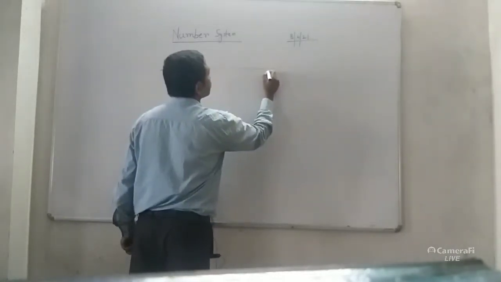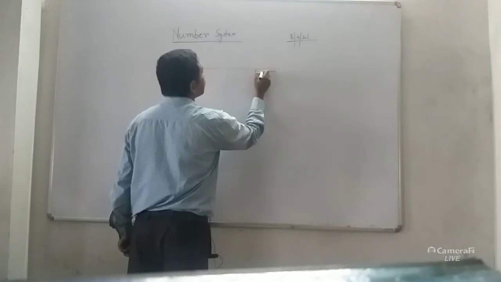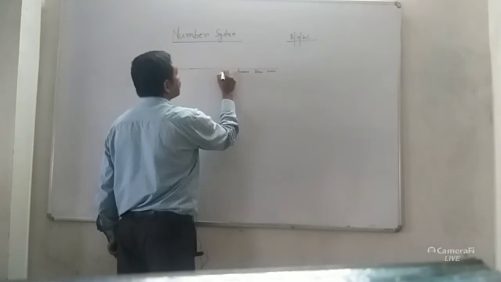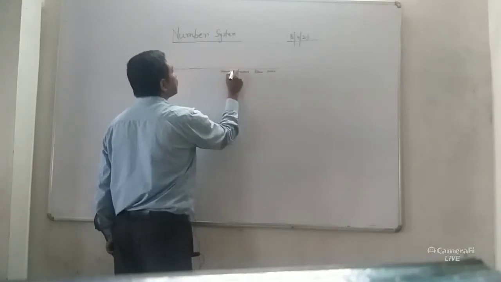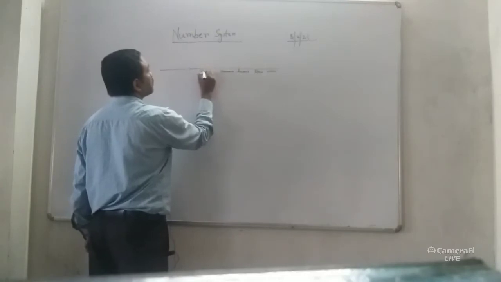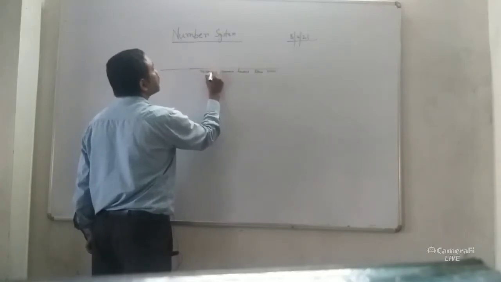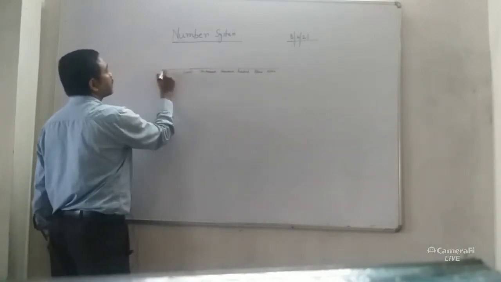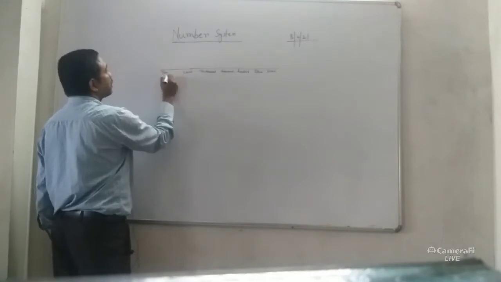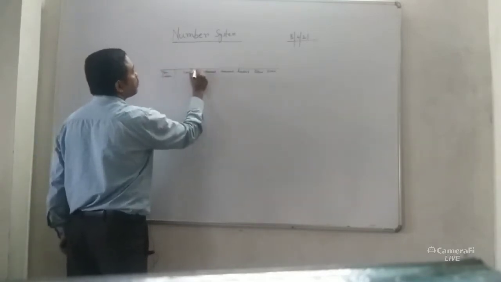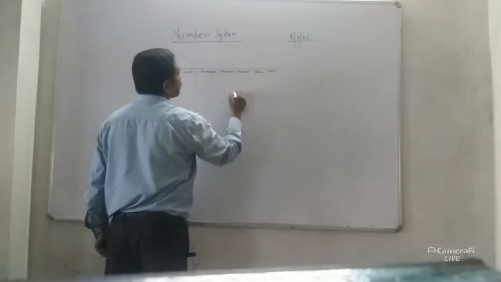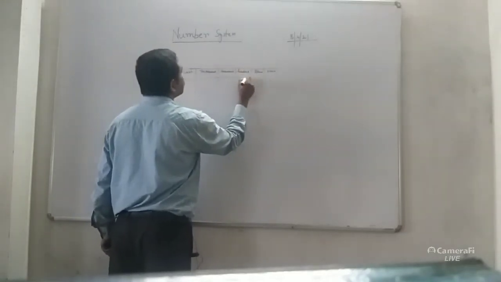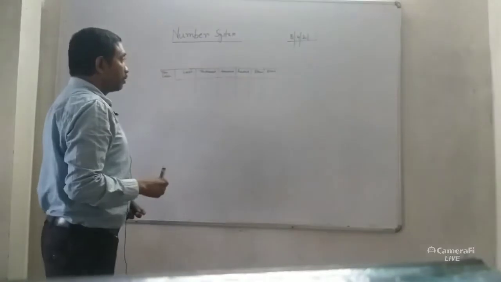Here you write ones, tens, 100, 1000, 10,000, lakh, 10 lakh. In this way you can give the names of the places in the place value chart, in tabulation form.